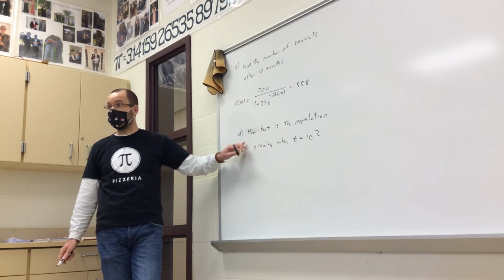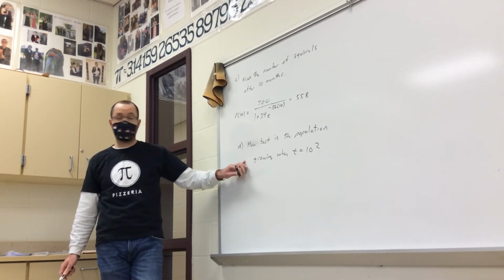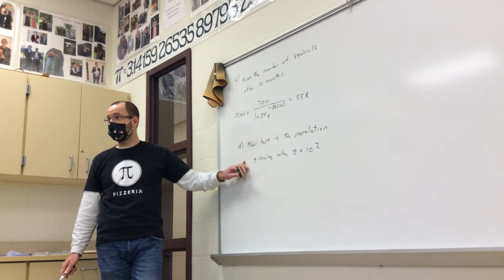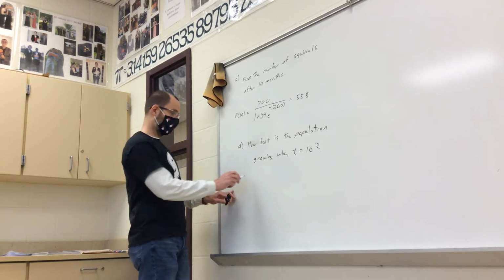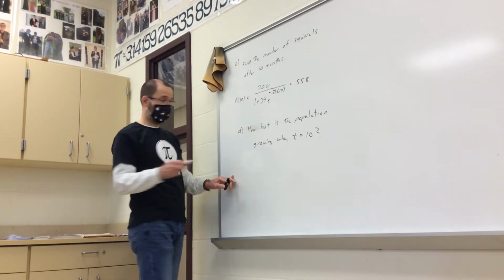So how do we figure that out? How fast the population is growing. That's the derivative, right? This question is so much fun, we're going to do it two different ways.